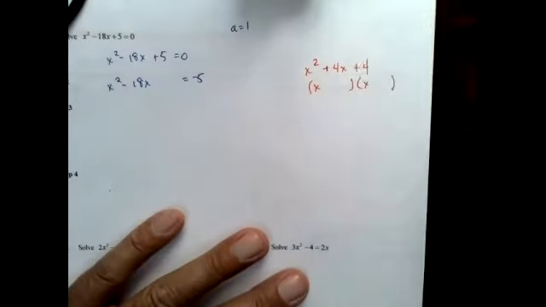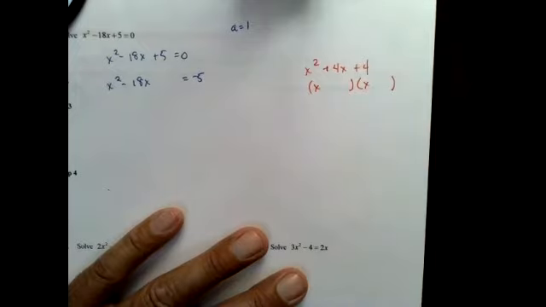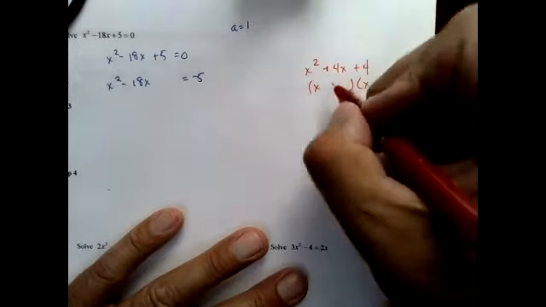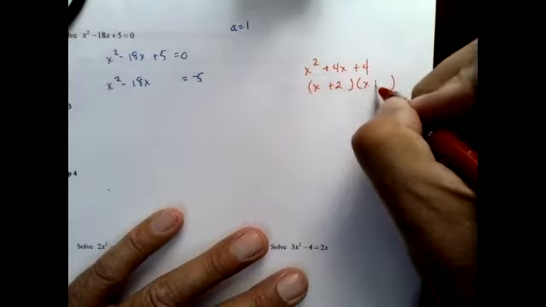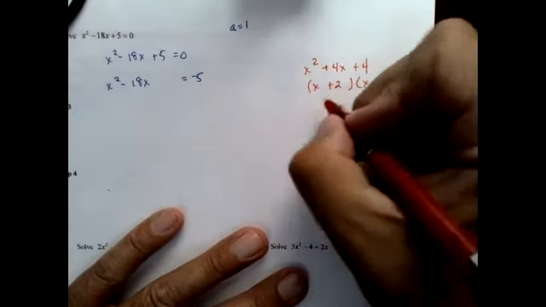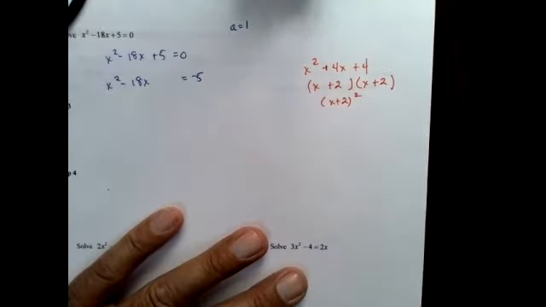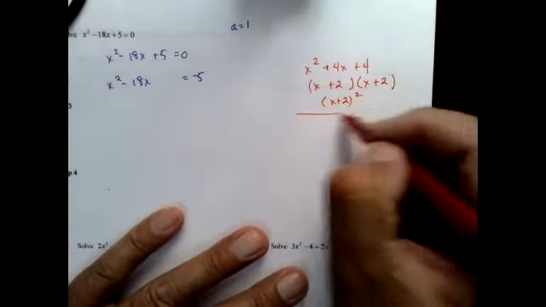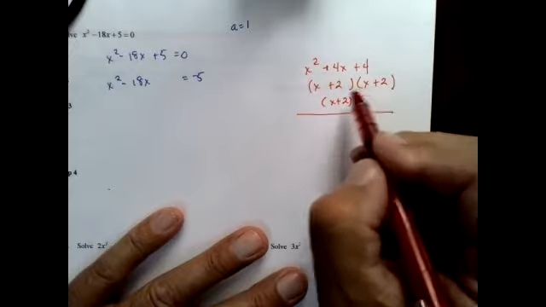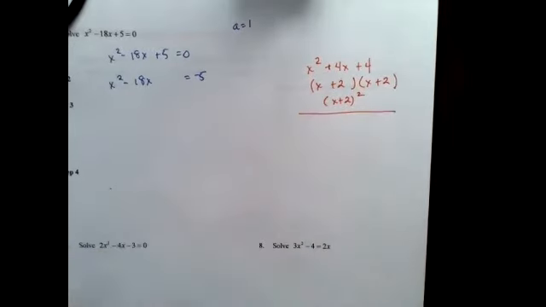Let's change that. Let's make it x squared plus 4x plus 4. Keep it easy right now. What does that factor into? X plus 2, x plus 2. And guess what? That is what's meant by a perfect square. Okay? Because it factors into something times itself.